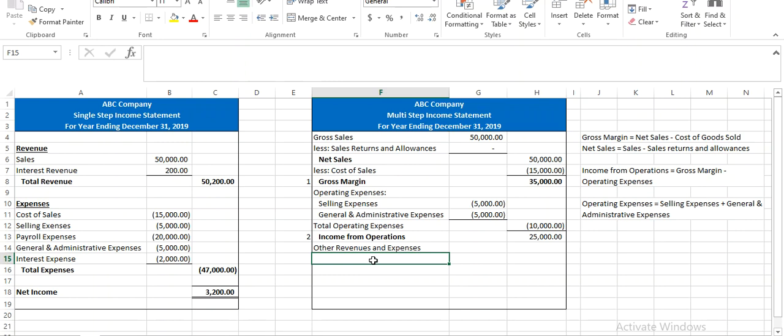This is another category, and all this includes is any expenses that don't fit within selling or general and administrative expenses, or other revenues that don't fit within our regular sales.